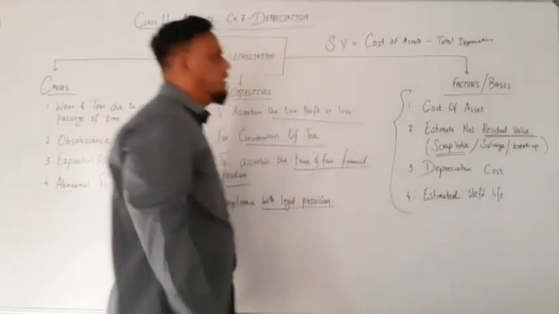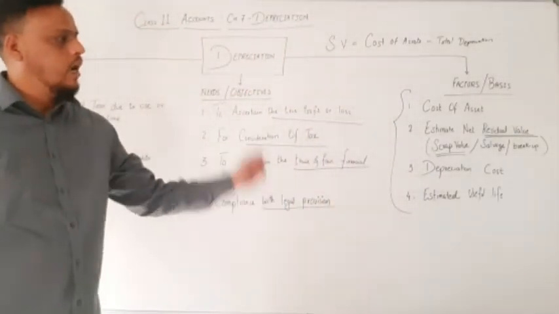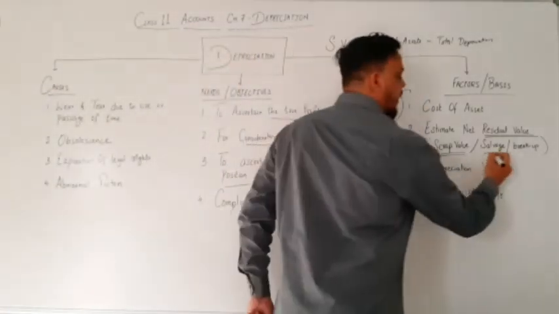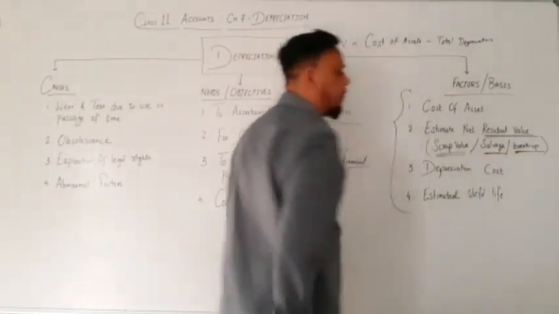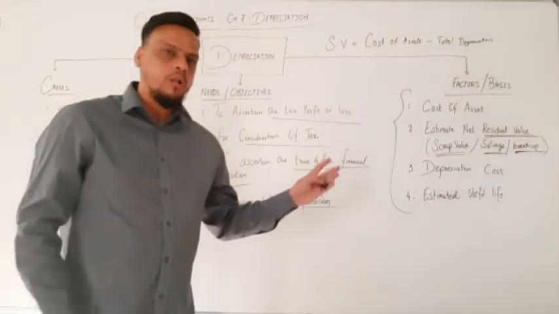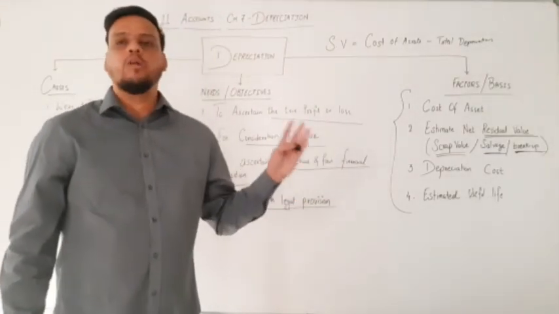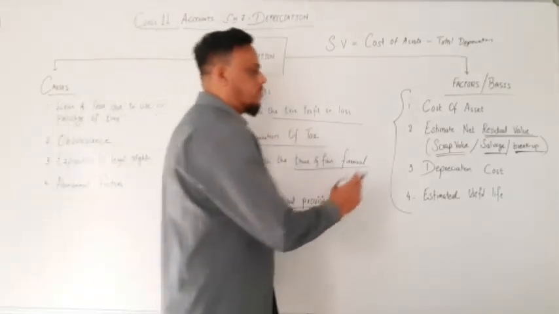This formula is used to find out scrap value or residual value or salvage value or break-up value. These all words mean the same as residual or scrap. All the things are the same.